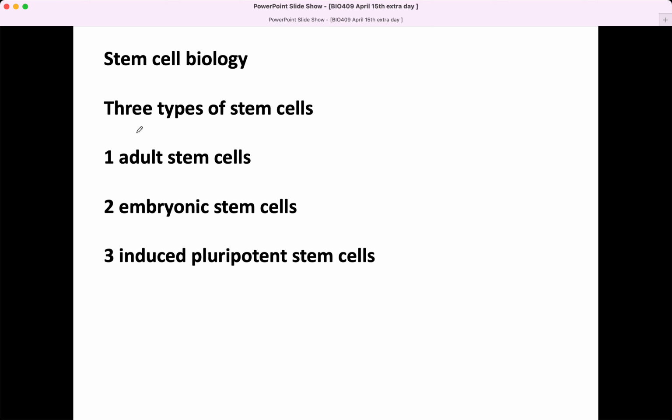So in chapter 19, the topics are programmed cell death and then stem cells. And this is how we look at stem cells. So adult stem cells, and we have our example of our satellite stem cells that are satellite muscle stem cells. And we want to be able to answer questions about that. Just mentioned that there are stem cells in the bone marrow.